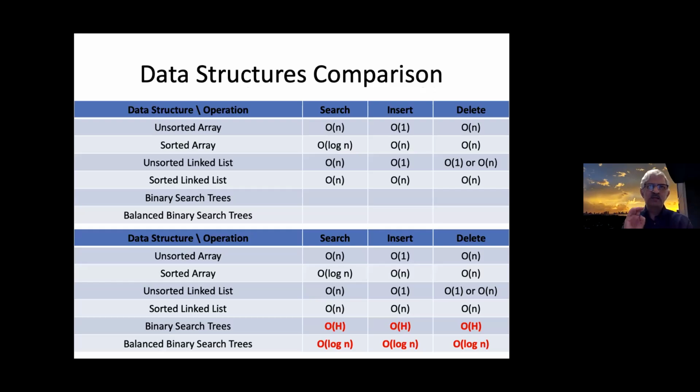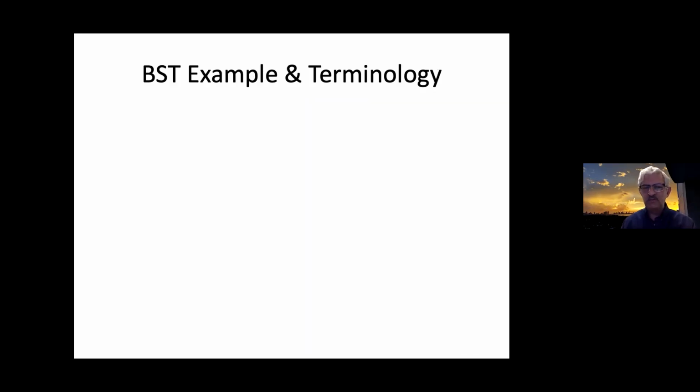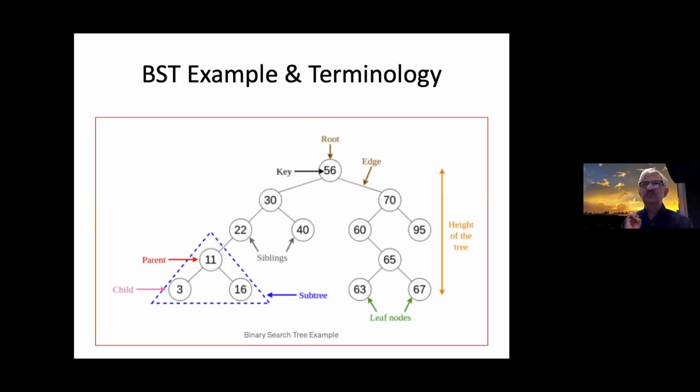What we saw was that the time complexities of all operations on the binary search tree are proportional to its height. It's proportional to big O of h, and so therefore the height is very, very key. And if you can keep the height as small as possible, then your efficiency is going to be quite high.